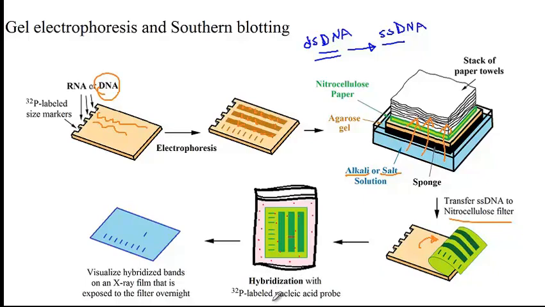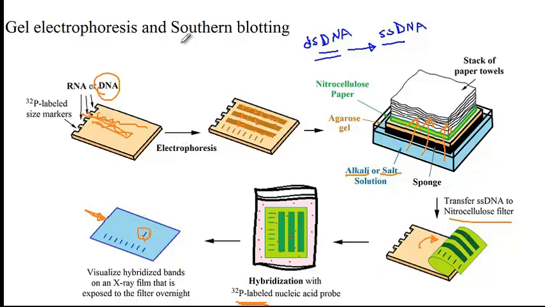Next, we will hybridize the nitrocellulose paper with our P32 labeled nucleic acid that represents our gene of interest, and then visualize the bands on the X-ray film. And so there we go. We can tell that, oh, this one, the second lane, is carrying the gene of interest. So whichever mouse this lane's DNA is coming from is actually successfully transformed.